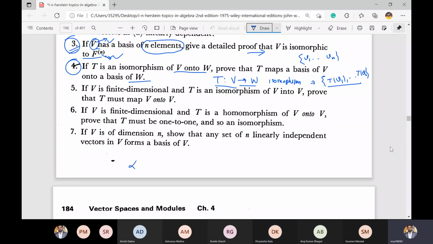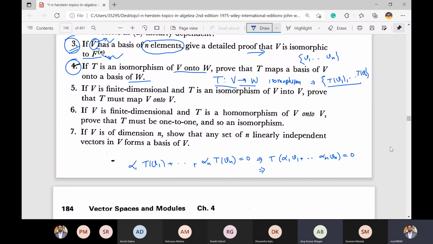So let's say alpha 1 TV1 up to alpha n TVn equal to 0, and then using the properties of linear transformation, this will be T of alpha 1 V1 plus T of alpha 2 V2 up to alpha n Vn. Because this is a linear transformation, alpha 1 V1 up to alpha n Vn should be equal to 0. Why should it be 0?